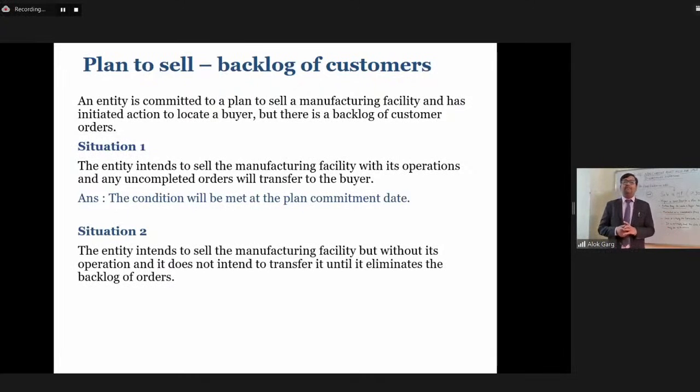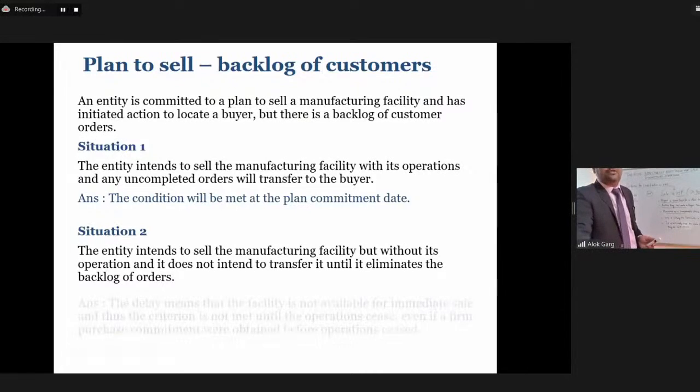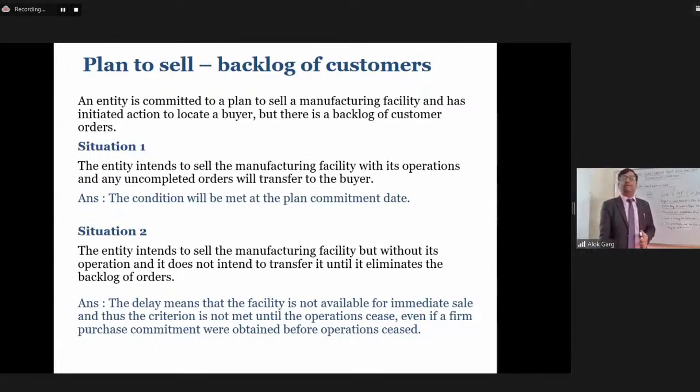The entity intends to sell the factory, but without its operation, and it does not want to transfer it until it clears all the pending orders. Now, what about the second situation? It is not available for immediate sale in present condition. So situation number 2 is not meeting the HFS criteria.